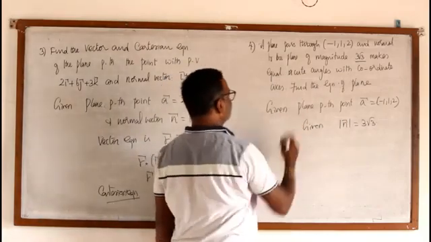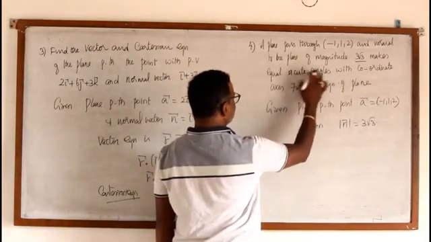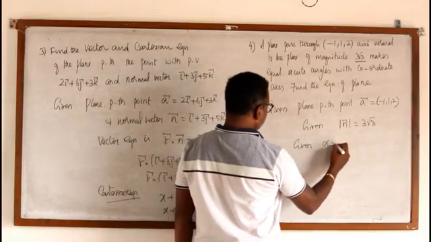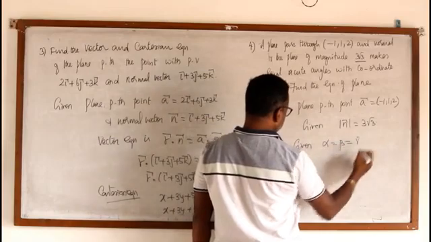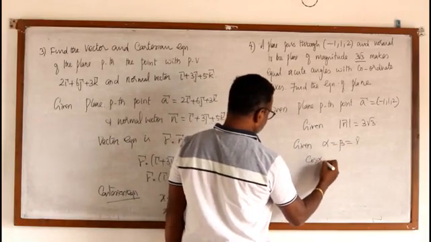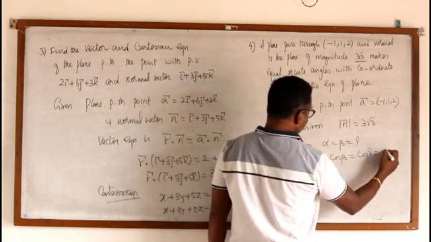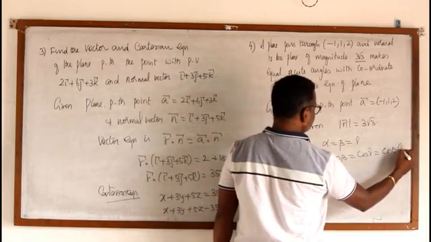For that we shall use what is given. It makes equal acute angles. Alpha equal to beta equal to gamma. That means cos alpha equal to cos beta equal to cos gamma. Shall I take it as cos theta itself?